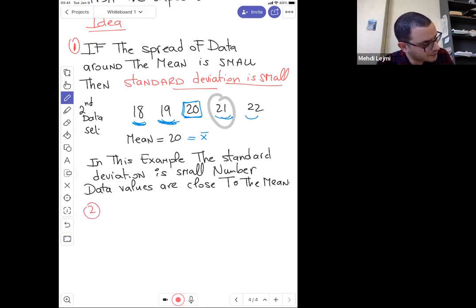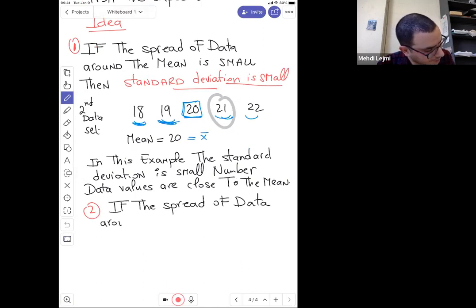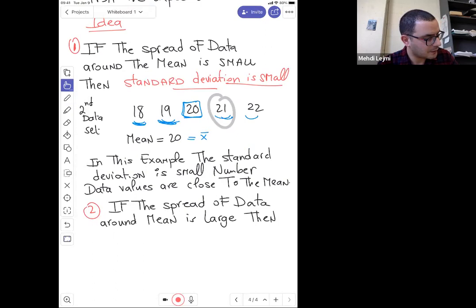If the spread of the data around the mean is large, then the standard deviation is going to be large.